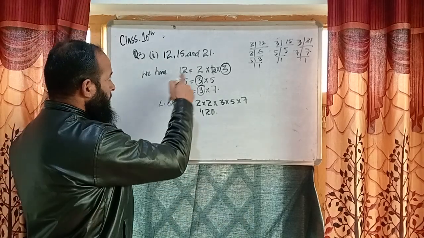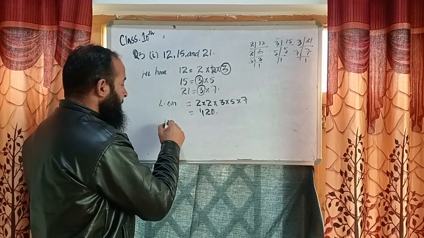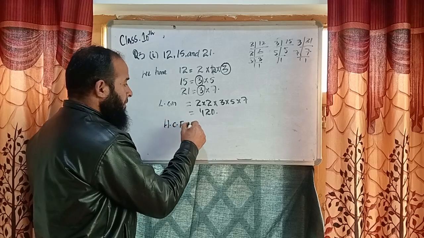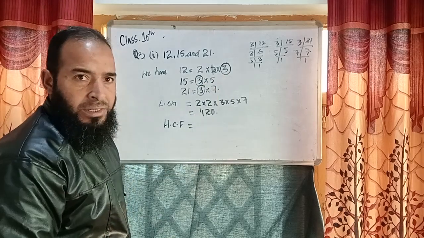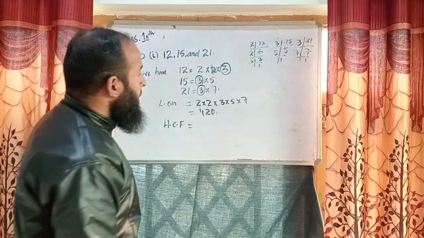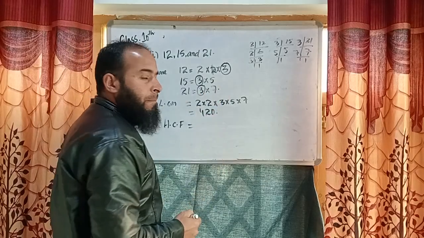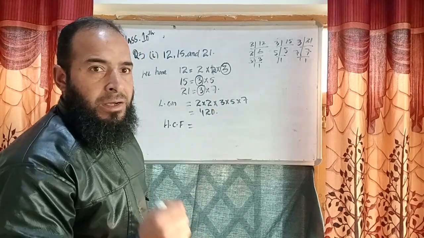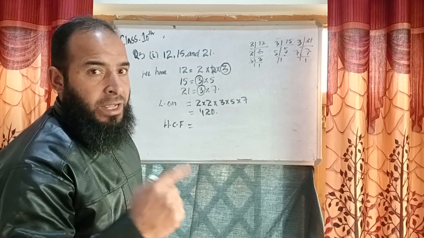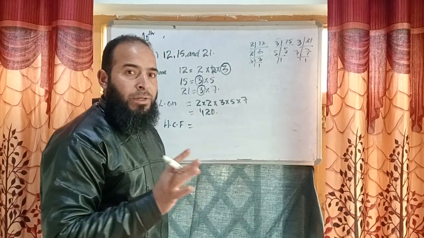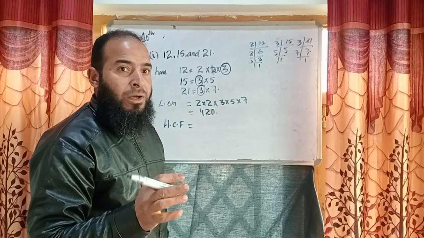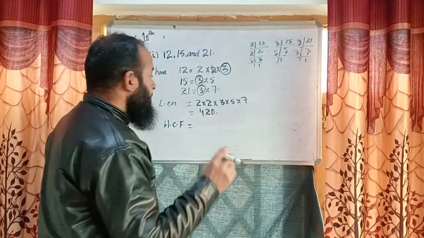And HCF will be simply, the common factor is only 3. I have told you in previous lectures, it is the product of the prime factors with the smallest powers.